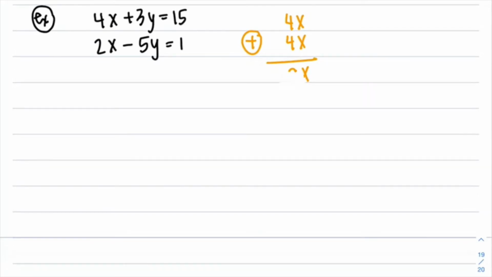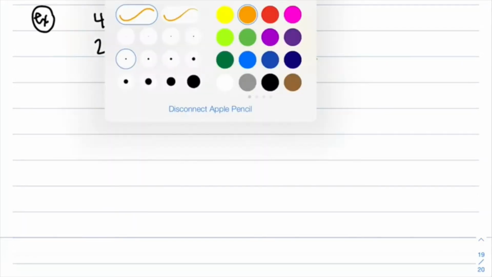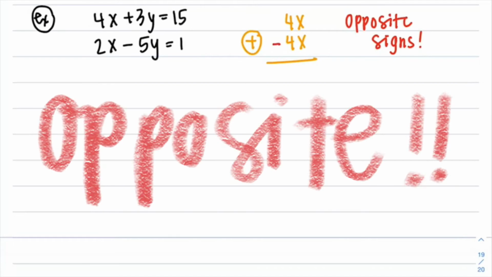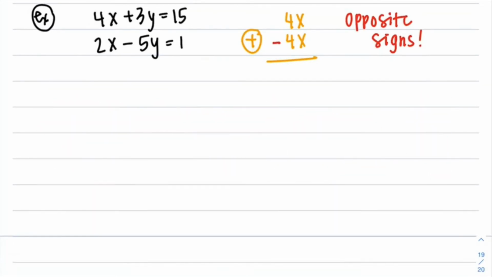So remember, what's going to be important is to cancel something out, they have to have opposite signs. So look for that. Opposite signs. That is going to be important. So they have to have opposite signs to cancel out, because positive 4x minus 4x leaves me with no x's. So again, look for opposite signs.